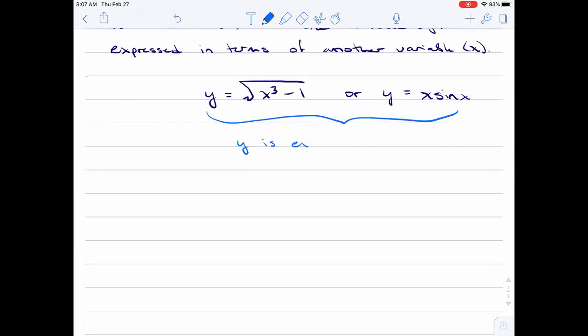And so here, y is explicitly defined in terms of x. We're saying, hey, y equals this thing.